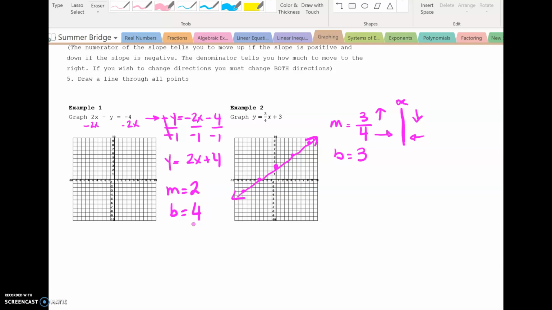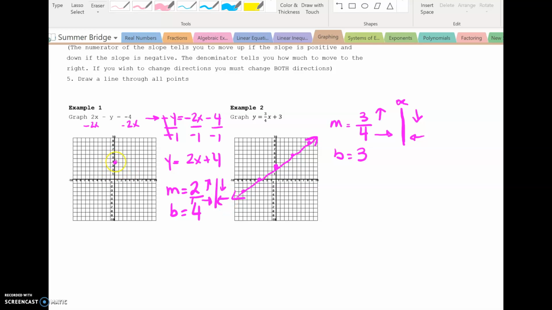Again, b is for beginning. It's where you begin your graph. We're going to begin it at 4. Keep in mind the slope has to be 2/1, okay? Which means, since it's a positive slope, we're going up and to the right, or we're going down and to the left.